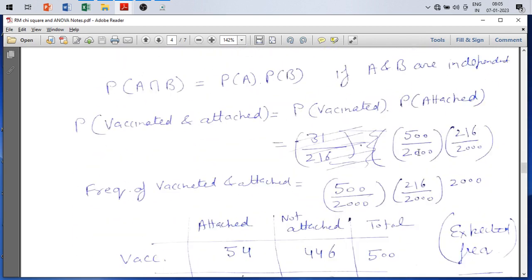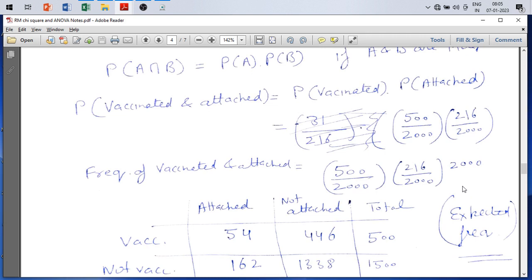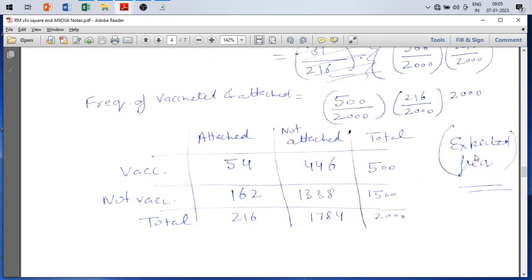So 500 by 2000 multiplied by 216 by 2000, this is probability. But we don't want probability, we want expected frequency. So the frequency of vaccinated and attacked will be, we just multiply this with the total number 2000. So this will give us the expected frequency. This number turns out to be 54. And here we have made an expected frequency table. This number you see is 54.